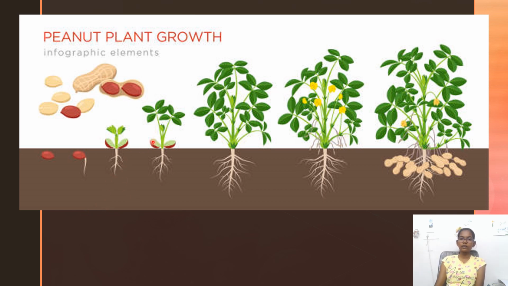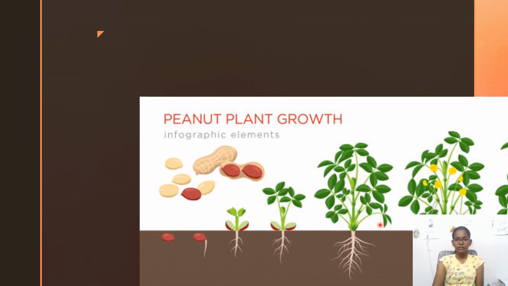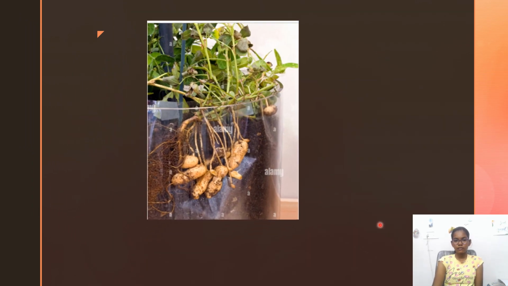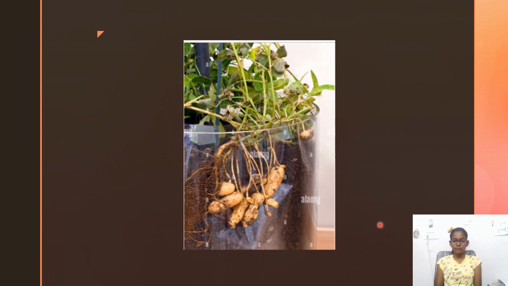The plant is found above the soil, but the root is still in the topsoil. And as it develops, the groundnuts, which are found below the ground, are present in the topsoil. In this image, you can see that the groundnuts are present in the topsoil and the plant part is above it.